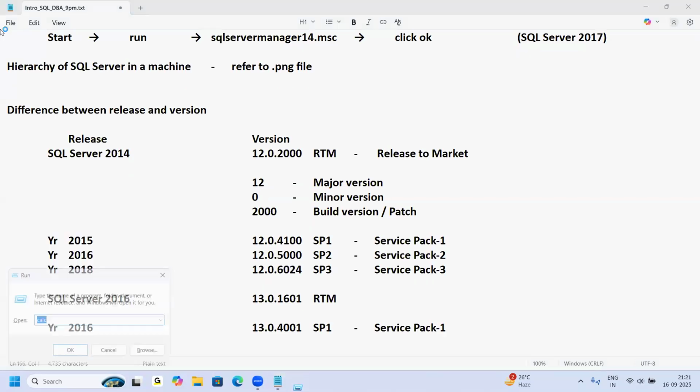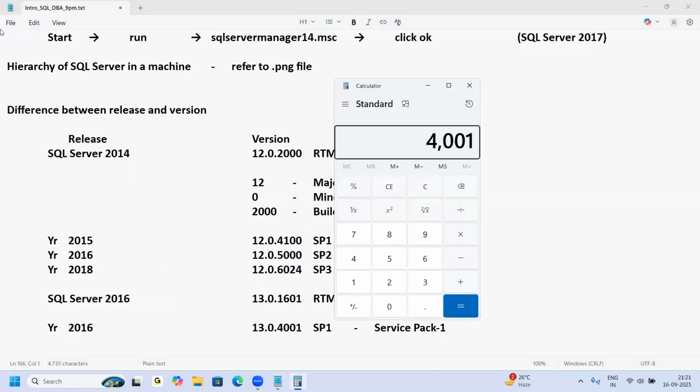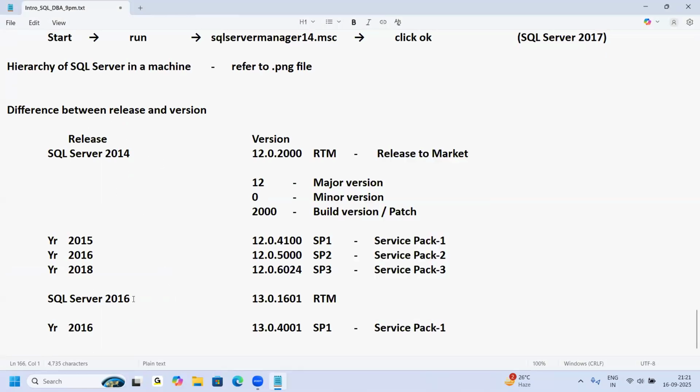It means 4001 minus 1601 means 2400 changes Microsoft has done from release to Service Pack 1 in that newly released software.